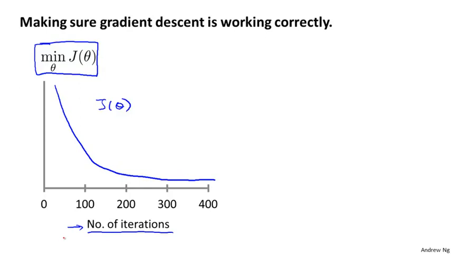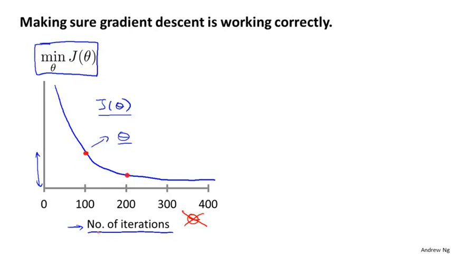Previously, we were looking at plots of j of theta where the horizontal axis was the parameter vector theta. But this is not what this is. Concretely, I'm going to run gradient descent for 100 iterations, and whatever value I get for theta after 100 iterations, I'm going to evaluate the cost function j of theta for that value of theta, and this vertical height is the value of j of theta for the theta I got after 100 iterations of gradient descent.